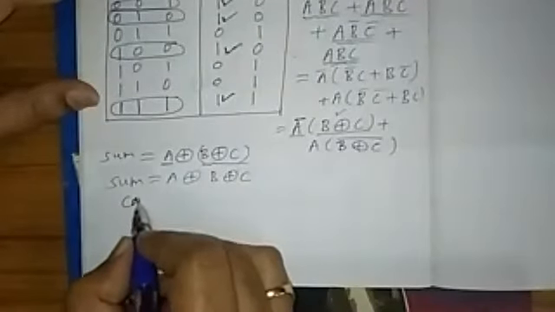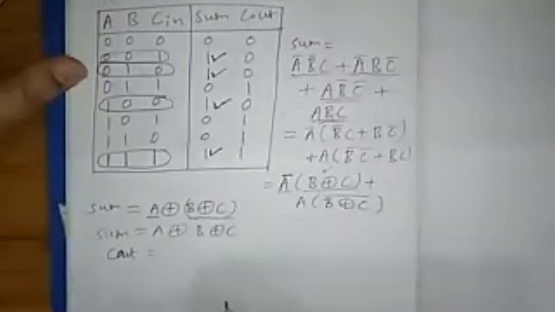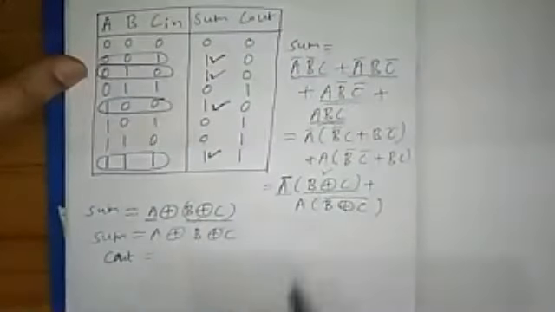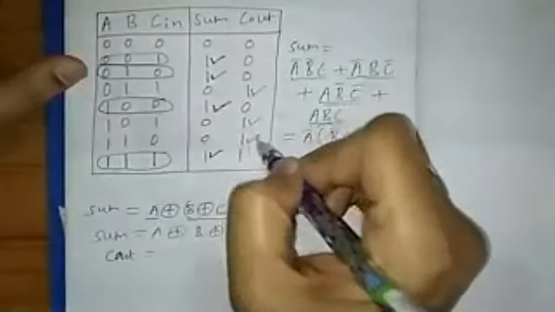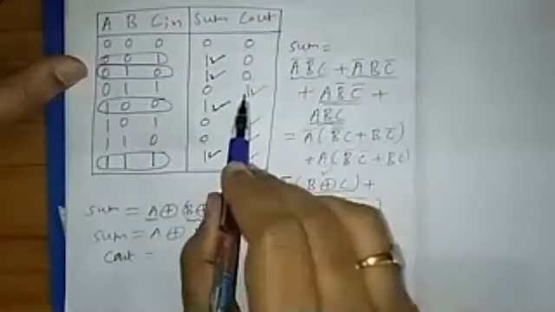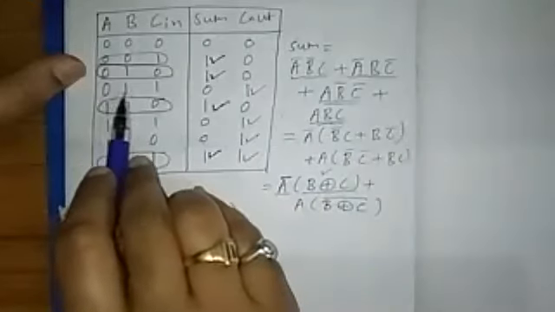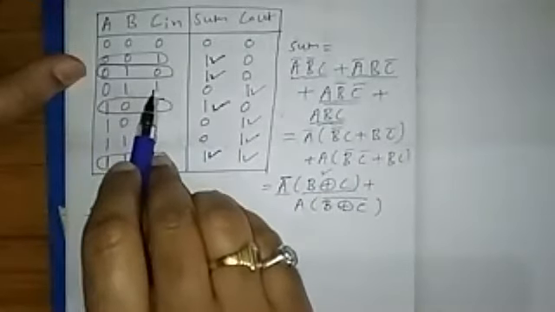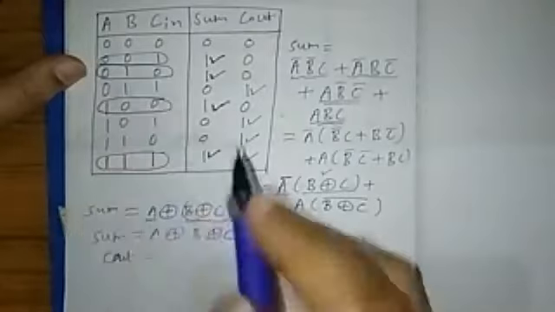Okay, now carry or C out, can anyone tell? What is the expression for C out from the truth table? C out is 1 here, this one, and these 4. For this, what is this? A bar B Cin. Okay, for this A bar B Cin.